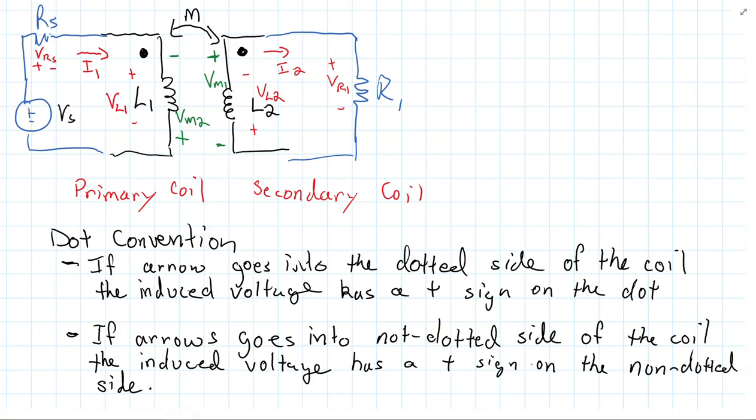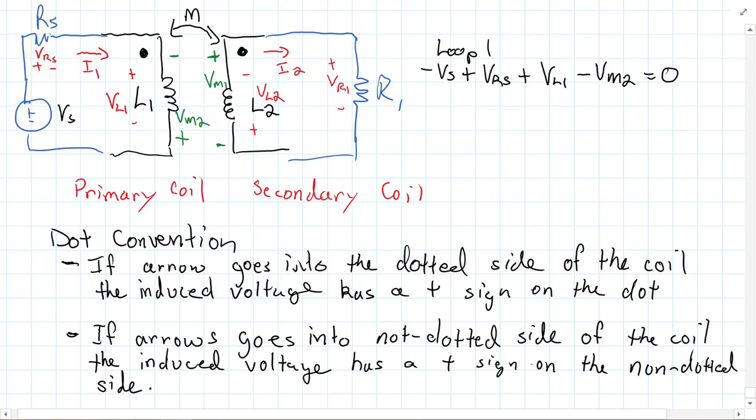If we were just to write these loops here, we're not going to write any equations down, we're just going to write the loops. So loop 1, we'd have minus VS plus the voltage across that source resistor plus the voltage across the inductor, VL1, but then we also have this induced voltage, VM2, but the arrow's hitting the minus side, so it would be minus VM2 equals 0.